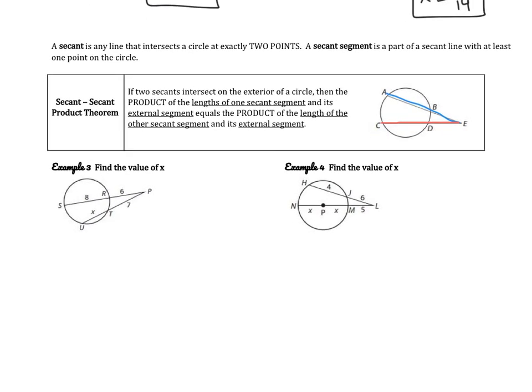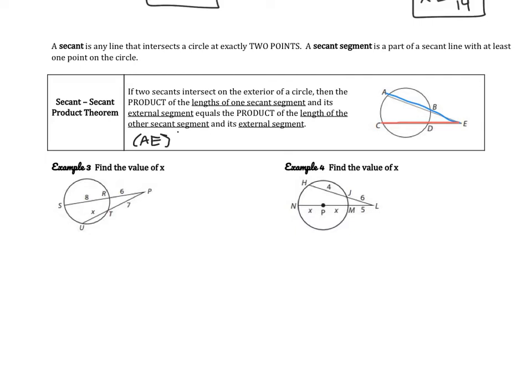So this one's a little bit trickier to interpret. The way I like to think of it is total secant times outside segment. The total segment up here would be AE. And again, we're doing the product.